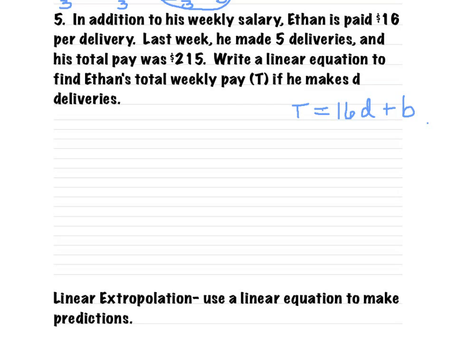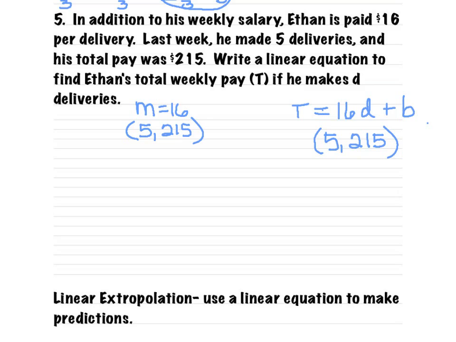We do know that when he made 5 deliveries, he earned $215. So we know the slope of this line, M, is 16. We also have an ordered pair, 5 deliveries, $215 total pay. Let's solve for B.